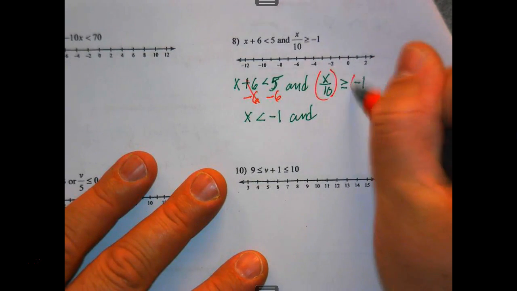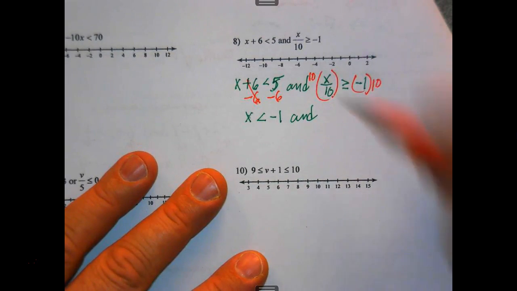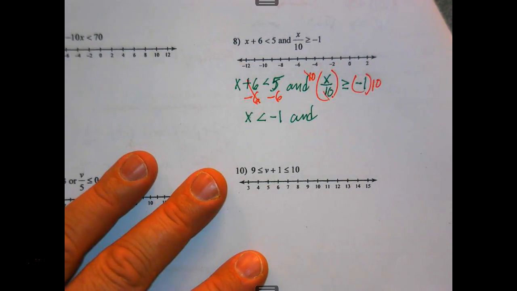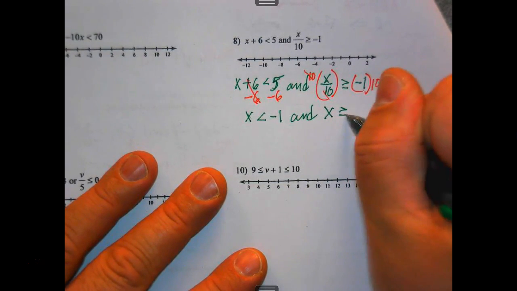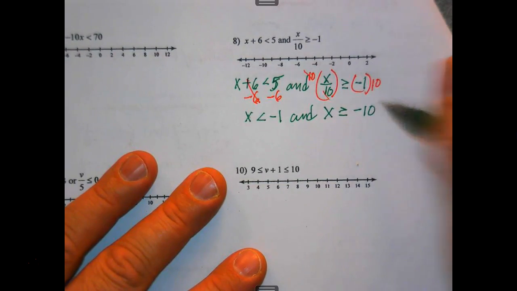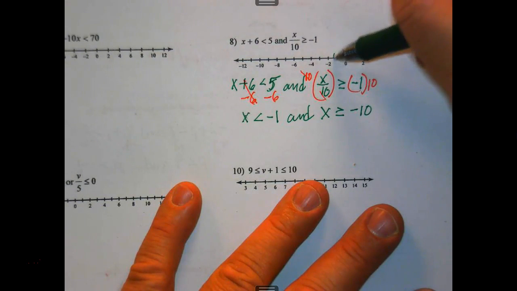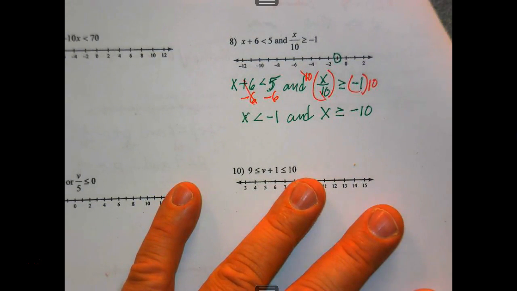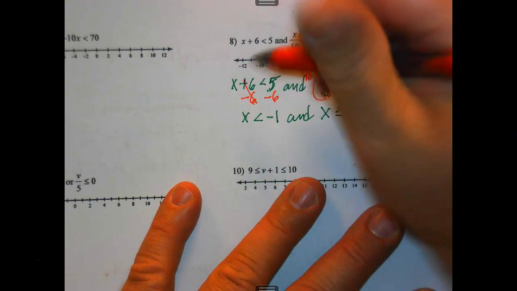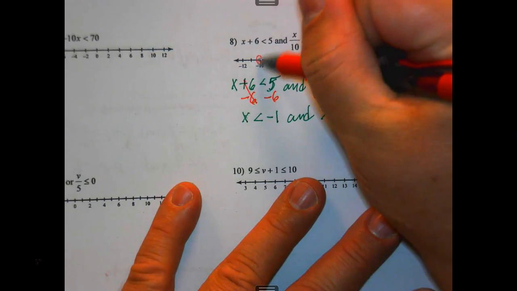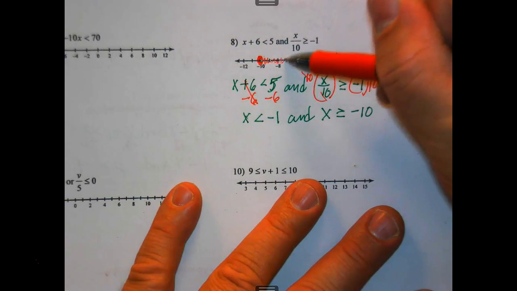This one I'm going to multiply both sides by 10. So I get X is greater than or equal to -10. So this one, -1 gets an open circle, and -10 is going to get a closed circle because of the equal sign.